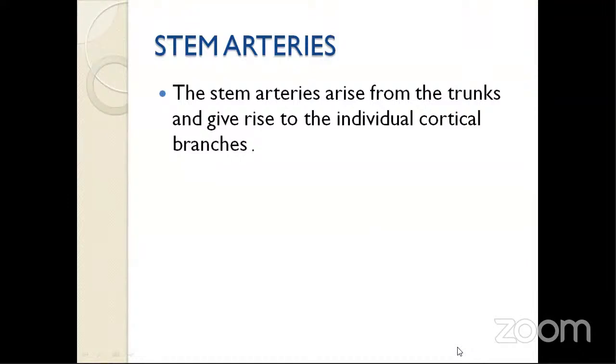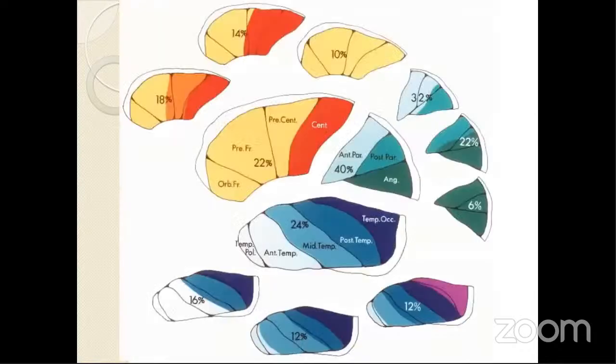Stem arteries arise from the trunks and give rise to the individual cortical branches. This is an image showing the stem arteries. The central is the most common pattern, and at the periphery, these are the 3 variations in distribution of stem arteries.